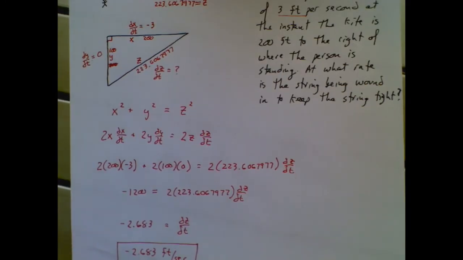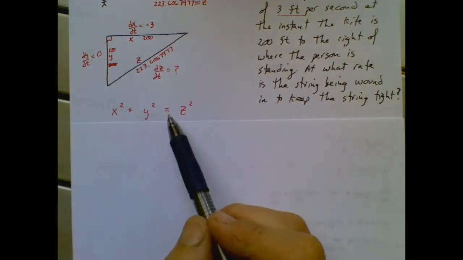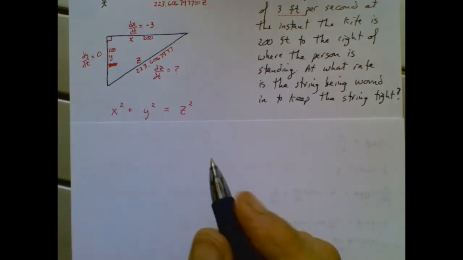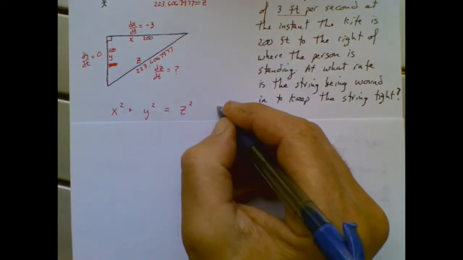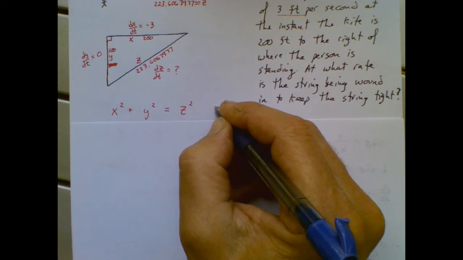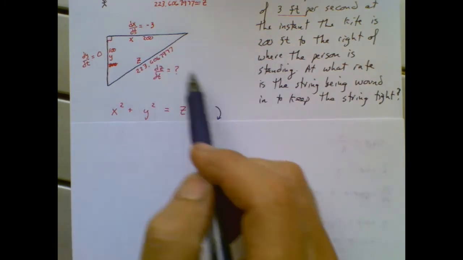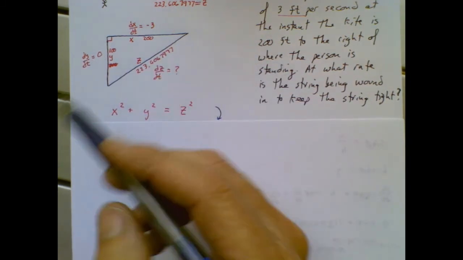Okay, we're back. So this was the equation that we had drawn from our math past that relates to the situation. And once you have that equation, you've got to take your derivative, but it has to be with respect to time, because all of this scenario is playing out over time.